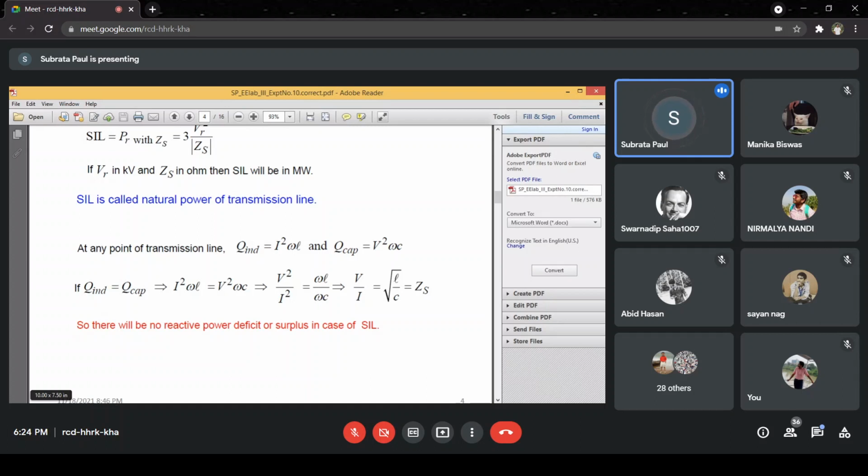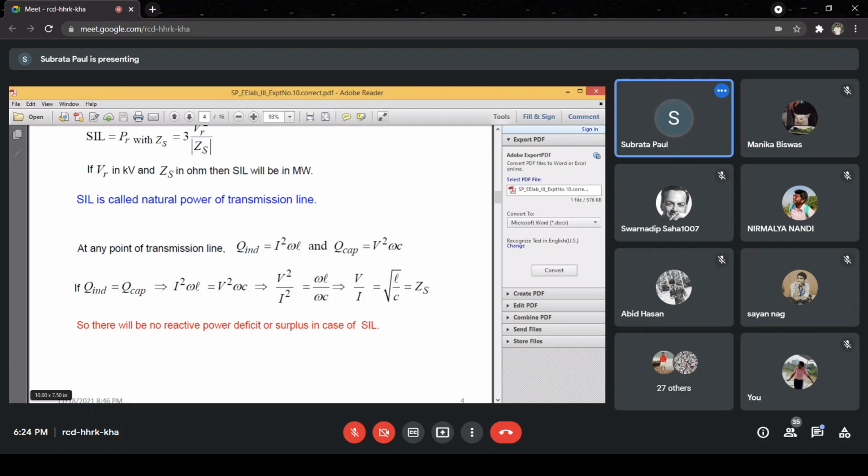Now, shunt capacitance is absorbing capacitive var. When it is absorbing capacitive var, we can also call that shunt capacitance is generating or delivering inductive var. Absorbing capacitive var is same as generating inductive var.